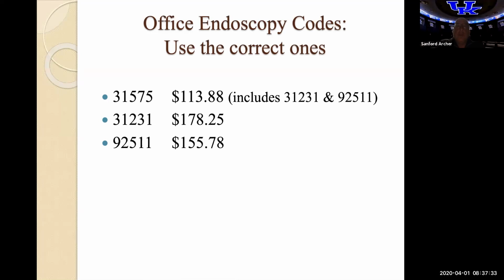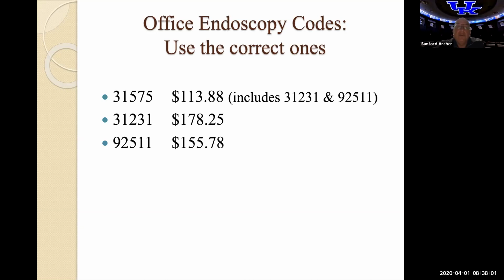So if you're going to be performing a scope of their larynx and you're looking in their nose, their nasopharynx, and down to the larynx, every part of that anatomy is included. If you look at the reimbursement for that, you would think that that would be a much higher level of reimbursement. Whereas 31231, which is just a nasal endoscopy, is billed or potentially billed at a much higher level.